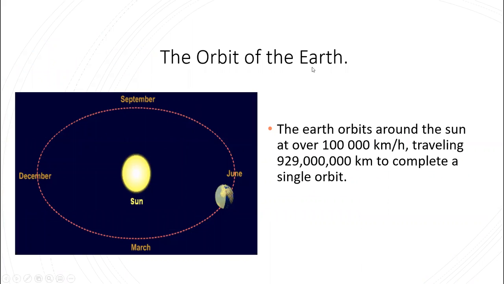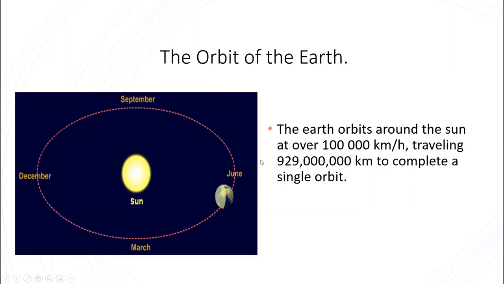Now, the orbit of the Earth. The Earth is going around like this, right? Around the sun, we know this. Galileo actually died for that, but he was right. The Earth orbits around the sun at over 100,000 kilometers per hour. So that's how fast we go.